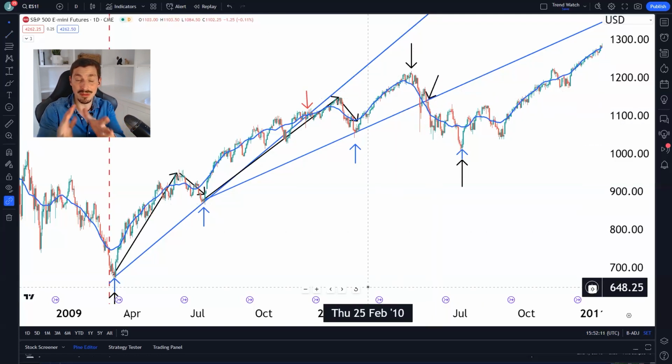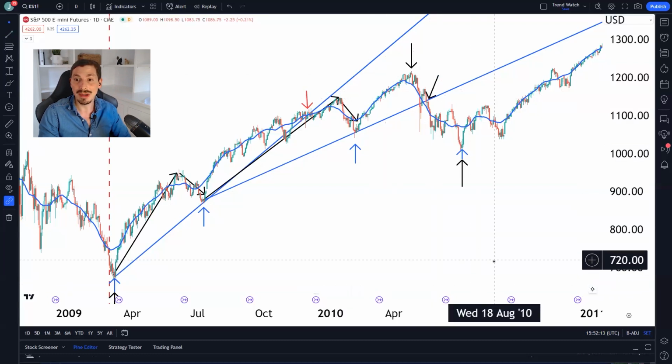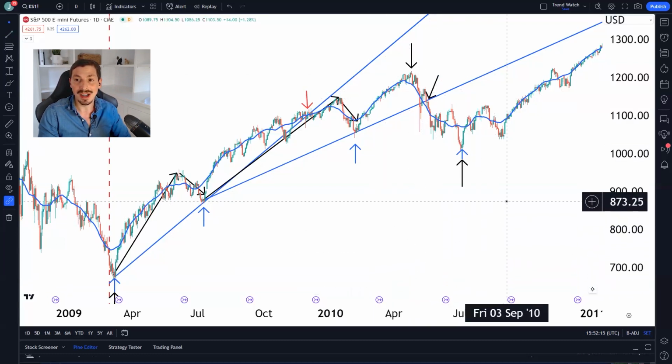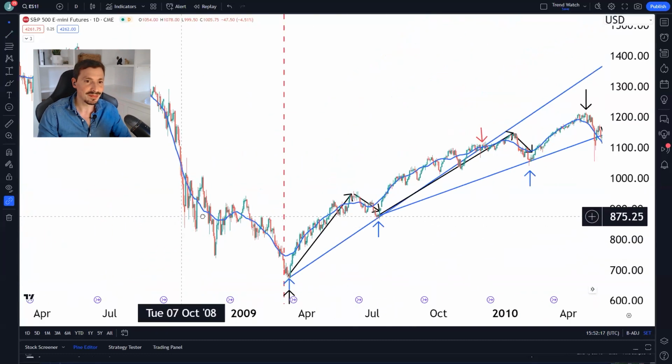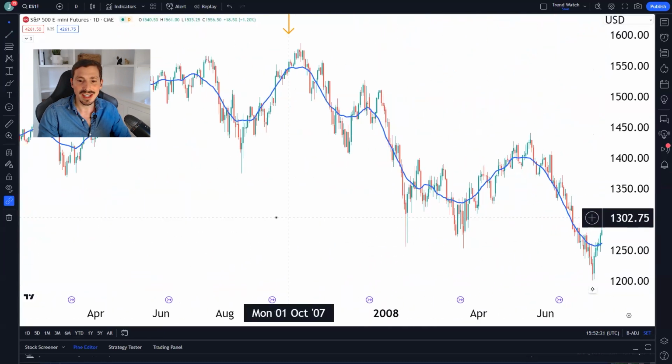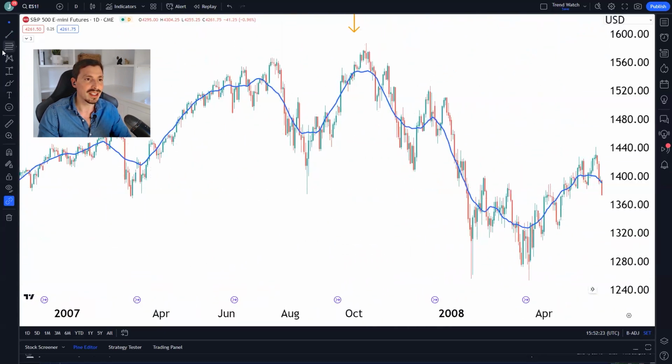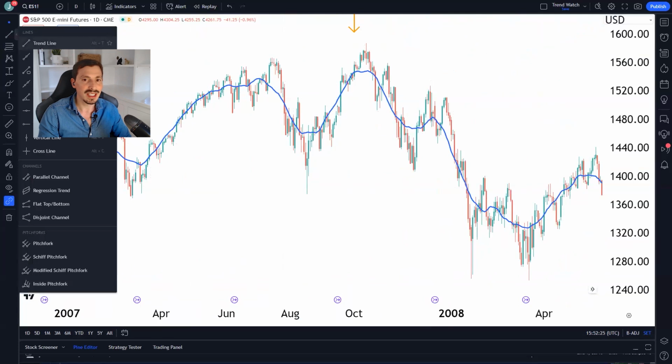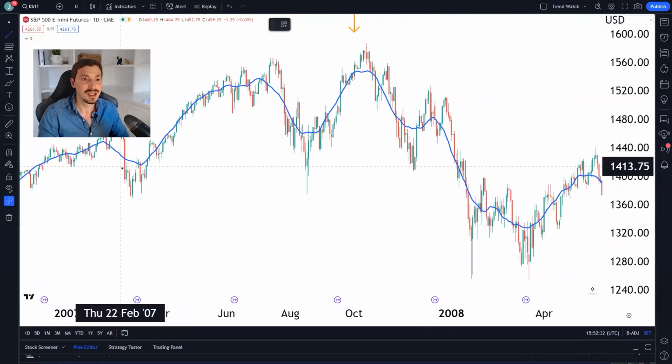Now, this is a bit of a weird pattern, but let me show you 2008. Here's the top in 2008. And again, let me show you the 2 consecutive VTLs that were crossed in 2008, because once you get used to this strategy, it's quite simple.